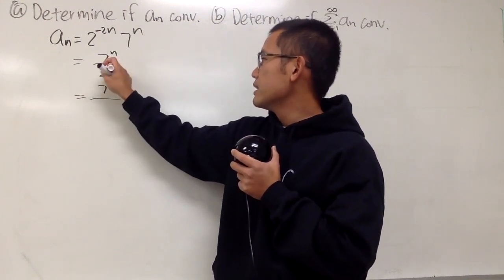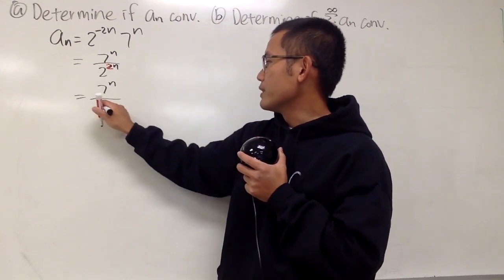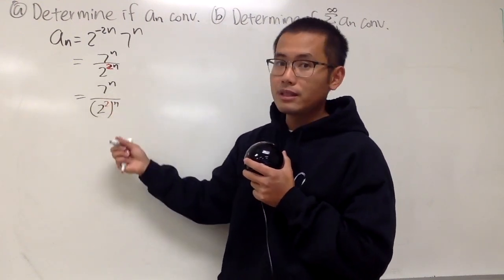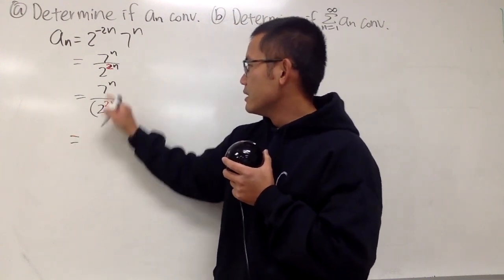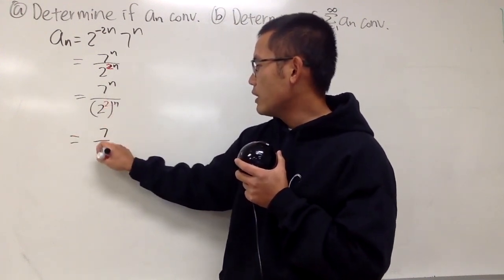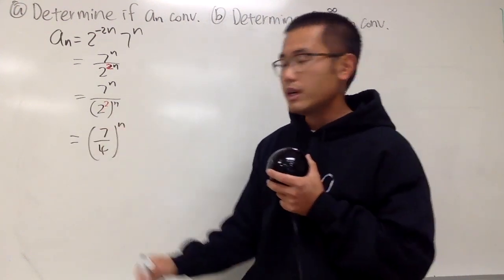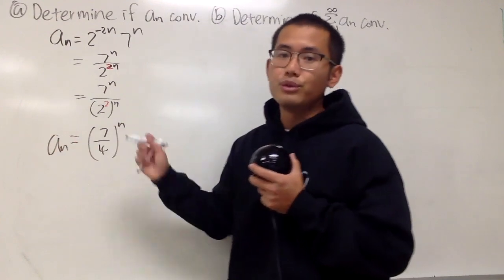We can look at the 2 being with the 2 first, namely 2 to the second power and then to the nth power, like this. And then you'll see this is 7 over 4, and because both of them have the nth power, we can put the nth power right here. So this is how a_n actually looks.